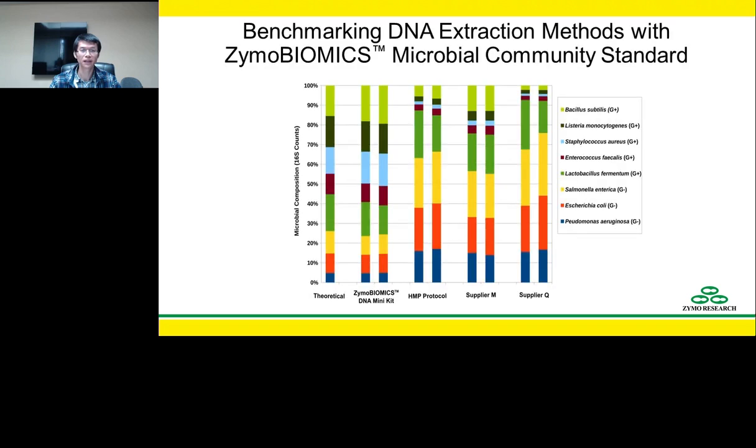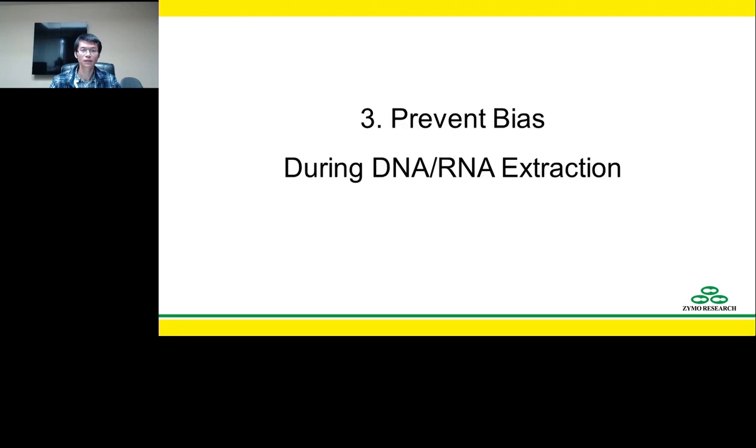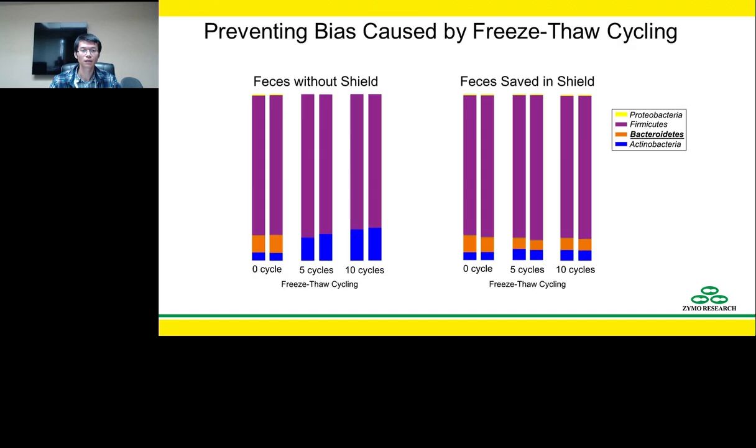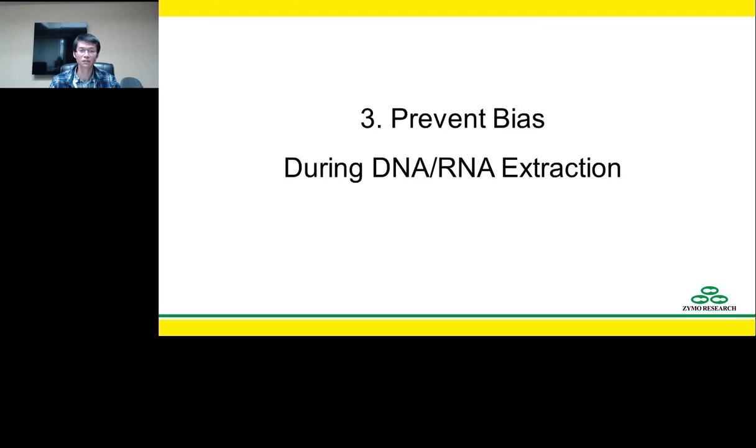And actually, DNA/RNA Shield is also a solution to prevent this problem. This profile shows samples saved in DNA/RNA Shield and then put through the cycling process. And you can see in this case, the Bacteroides is protected.